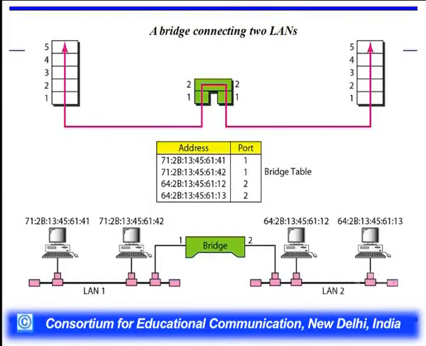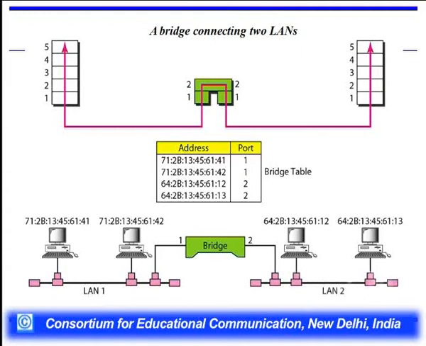A bridge maintains a forwarding table, as you can see in this diagram. On the two segments of the LAN, each host has its address, and the forwarding table that a bridge has keeps the address of each host on the segment, and it also keeps the interface to which the hosts are connected.